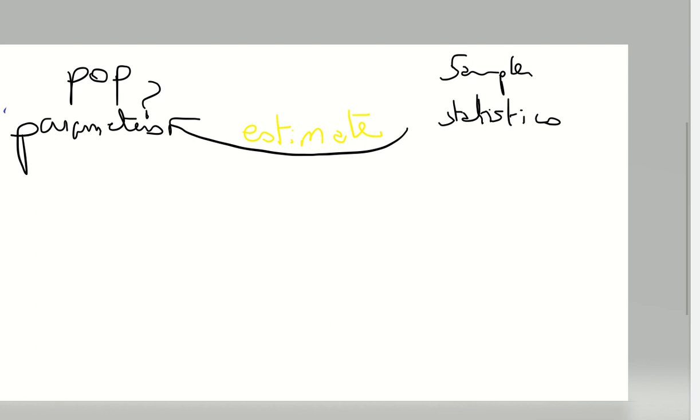So the first parameter that we covered, the mean, for example, which we said that the mean in a population is mu, and we wrote it as the sum of all the x's in the population divided by the population size. In the sample, the estimate of that mu is x bar, which is also summing up all the x's in the sample divided by the sample size, which is n.